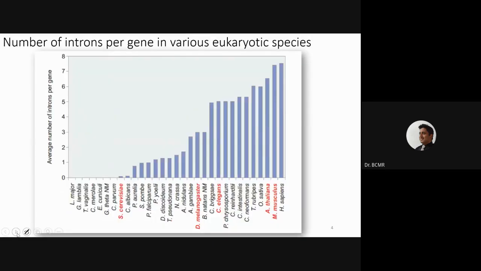Let's look at how important splicing is in eukaryotes. You can think of the average number of introns per gene.